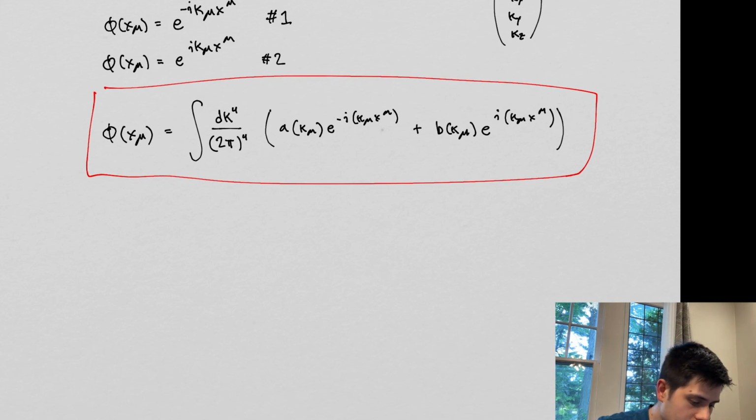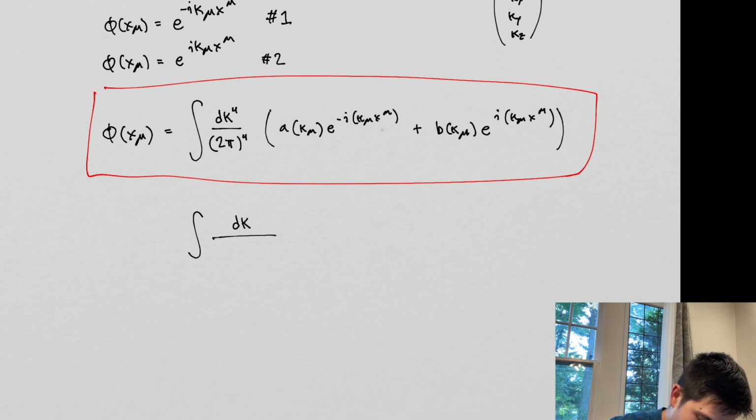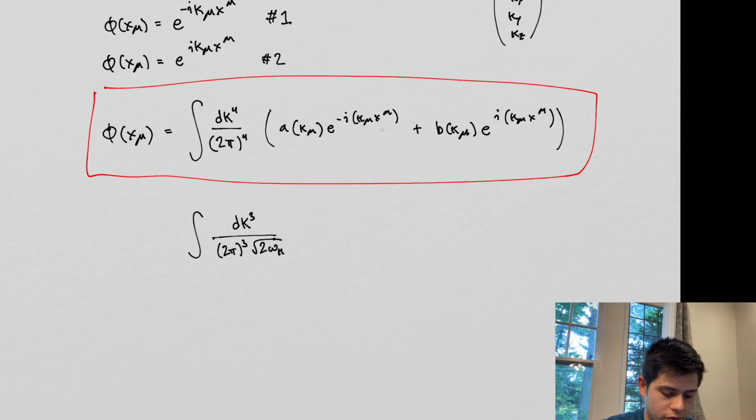I'll note sometimes you'll see it written like this, where we have cubes and 2 omega k. The angular frequency is involved. So we're taking out the temporal component and putting it in this normalization factor.